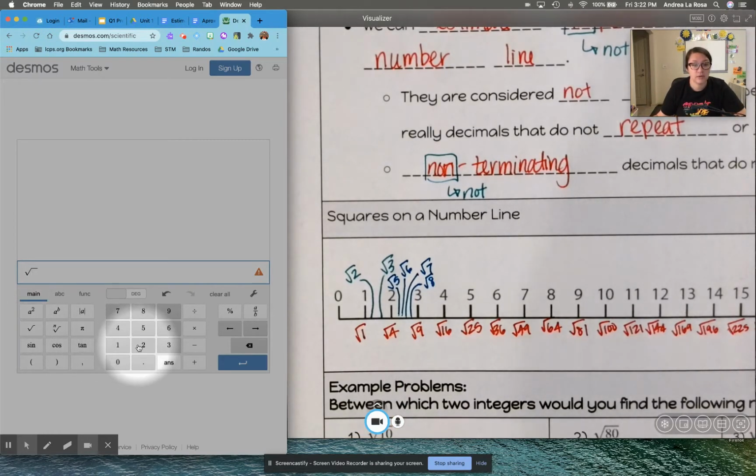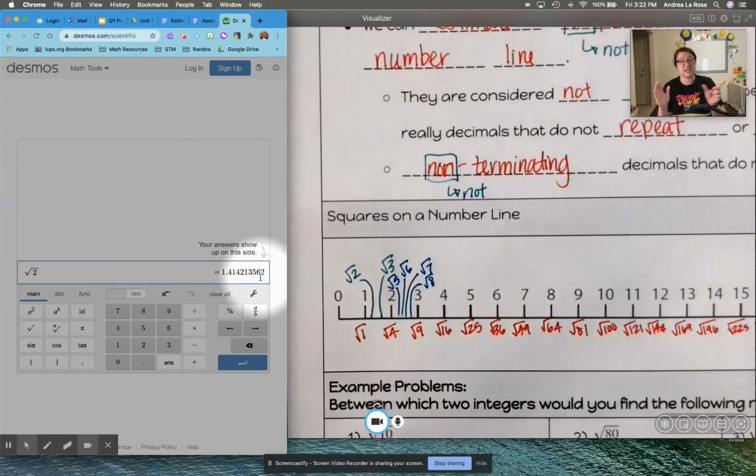So the square root of 2. And then I see over here it's 1.414213562, but that's not it. The calculator gives us a rounded answer. There's a lot of decimals there, but that's not the real number. Your calculators, they just round a little bit.